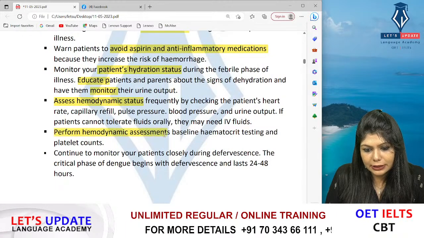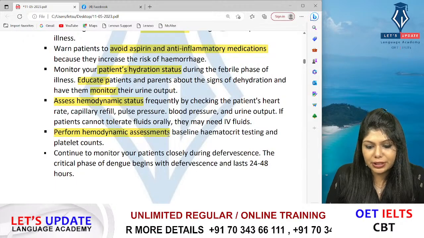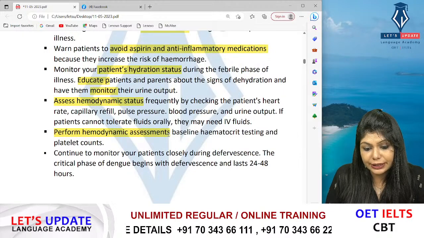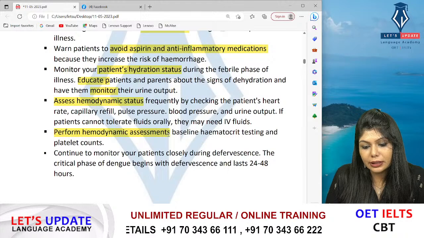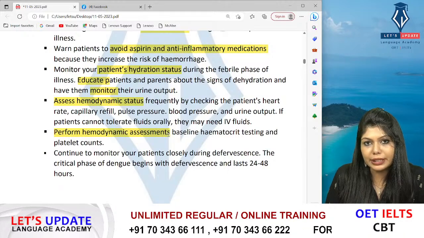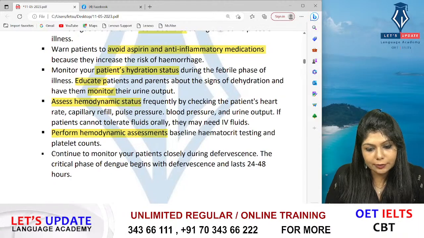And then the last point, continue to monitor your patients closely during defervescence, when the critical phase begins and lasts 24 to 48 hours.